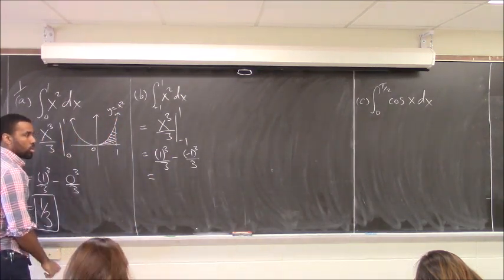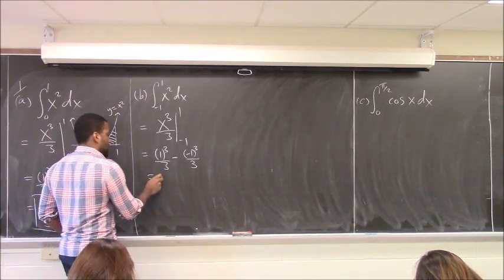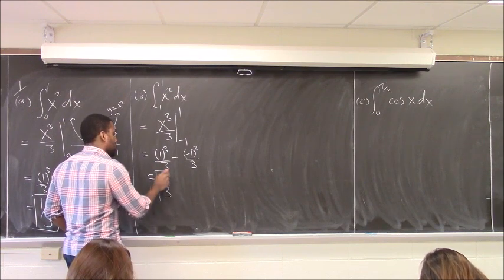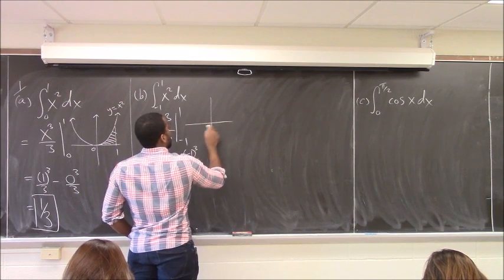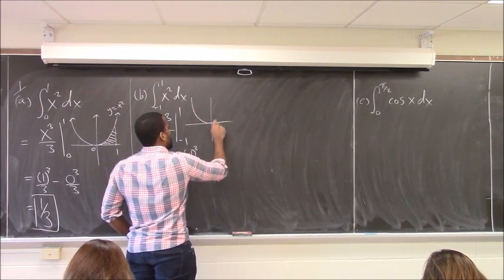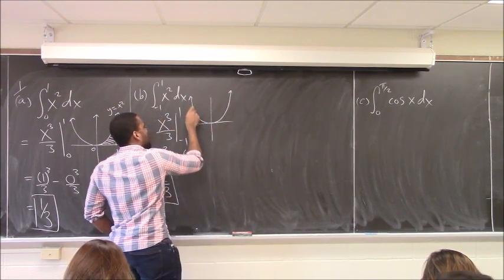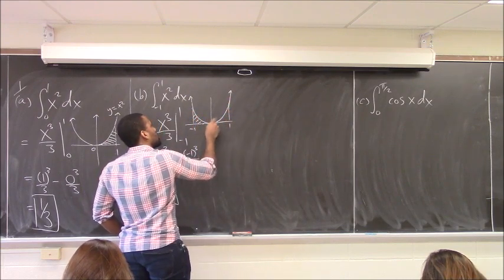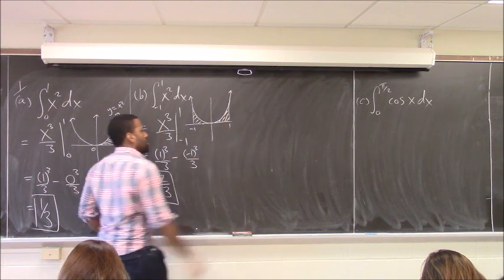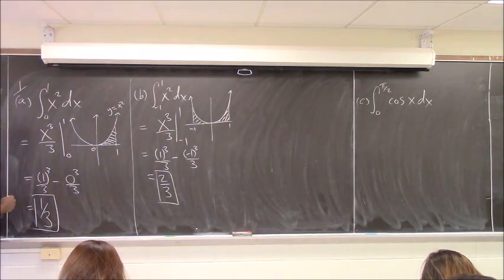That becomes 1/3 plus 1/3. You get 2/3. If someone were to ask you what is the area under that graph between -1 and 1, your answer would be 2/3.